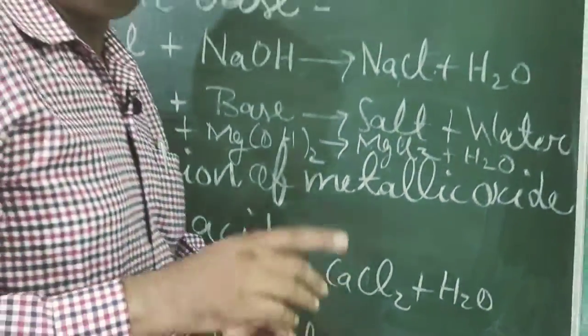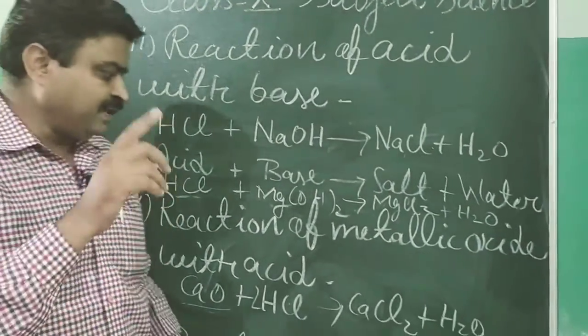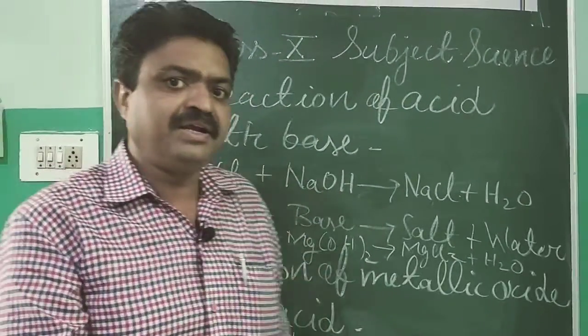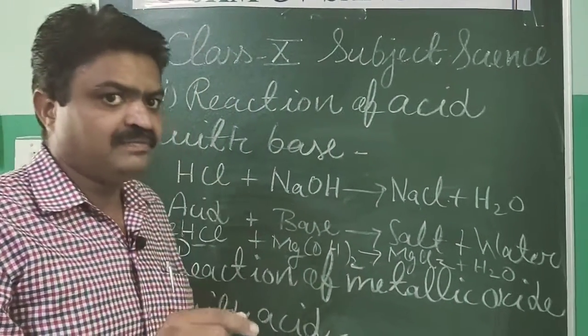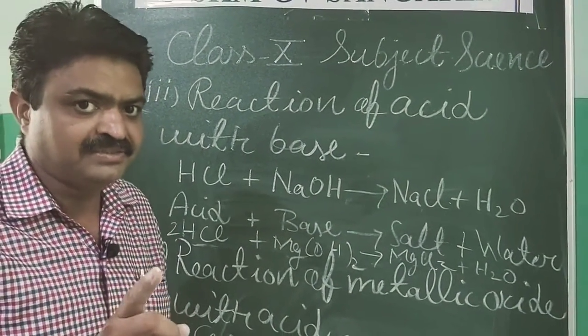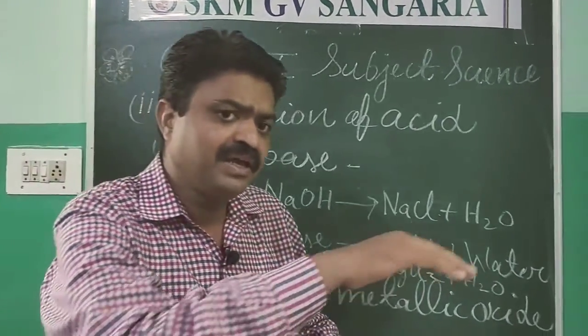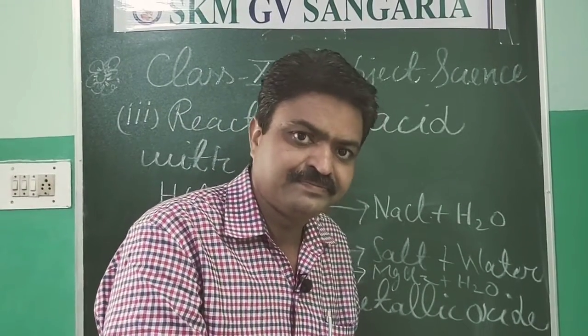Now you will learn that metallic oxides have the basic nature and non-metallic oxides have acidic nature. But there are some metallic oxides found with both natures, meaning they have both natures, acidic as well as basic.